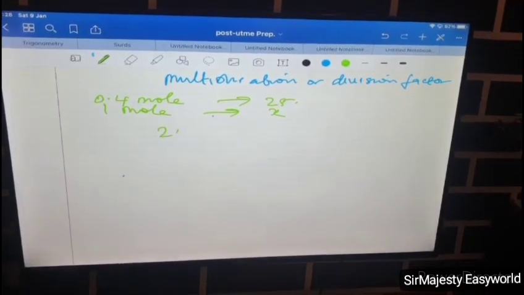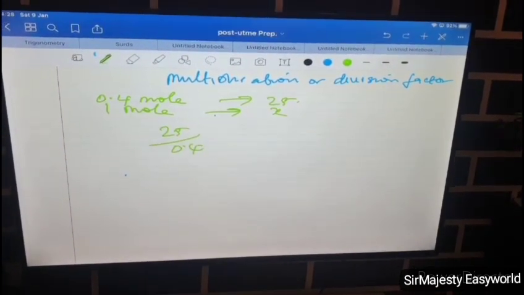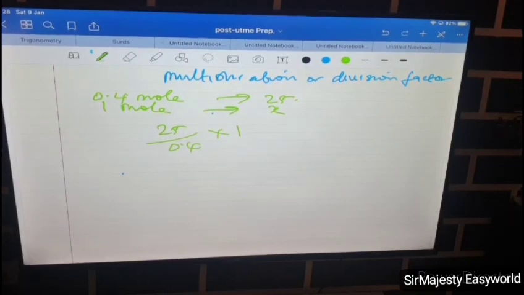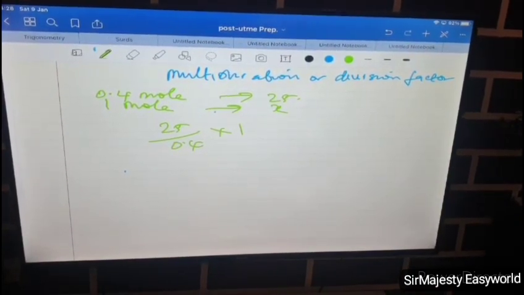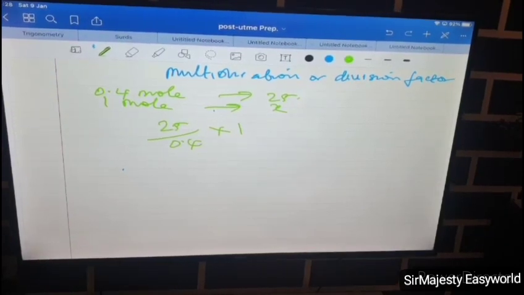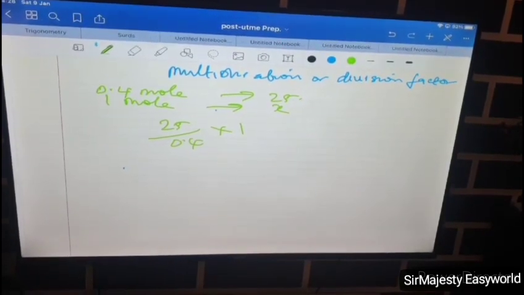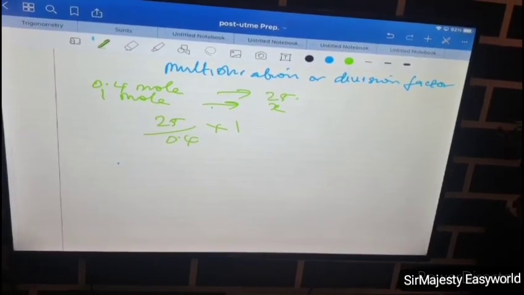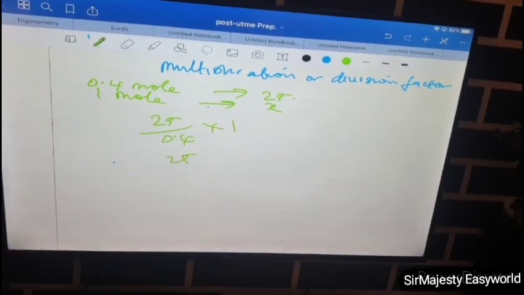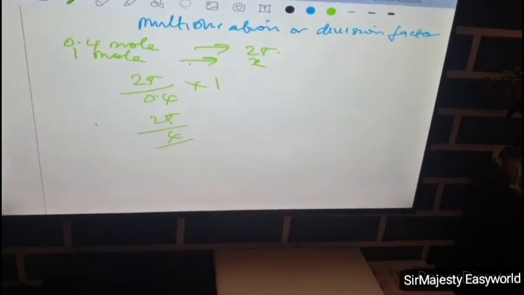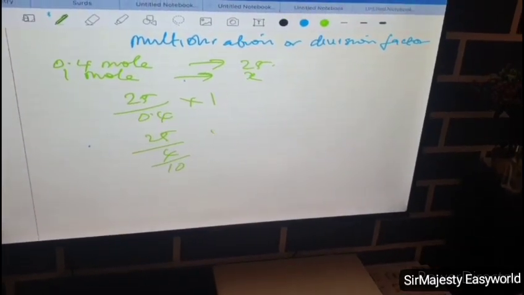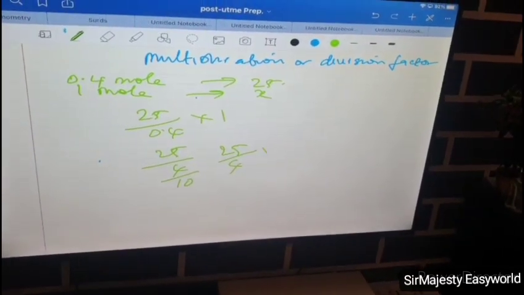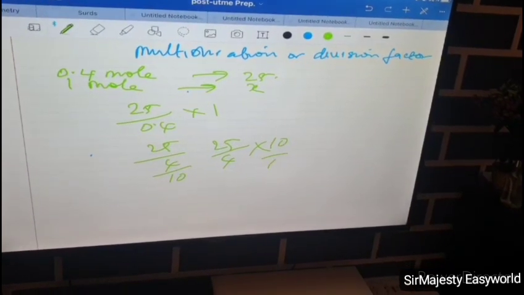So in that aspect, we have 25 over 0.4 times 1. And 25 over 0.4, if you don't want to use a calculator, should actually be 25 over 4 over 10, so that we have 25 over 4 times 10 over 1.